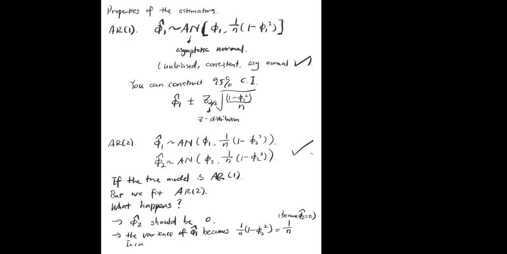In contrast, if we just fit this data using an AR1 model, then the variance of phi1 is equal to 1 over n times 1 minus phi1 squared, which is this very first formula.